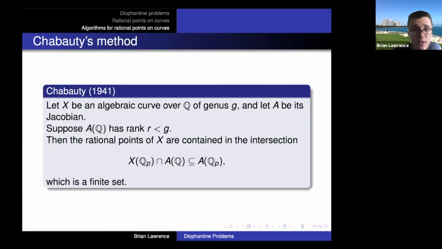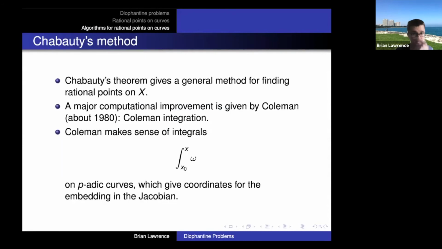I realized a second ago I skipped a slide on Coleman's improvement to Chabauty's method. This is a technical device. I drew this really nice picture on my tablet a second ago. Here you have the Jacobian, here you have the curve, and here you have the rational points. To make that work computationally in practice, you need to be able to compute with Jacobians. Like I said before, the embedding of the curve in its Jacobian is given by integrating different algebraic differentials.